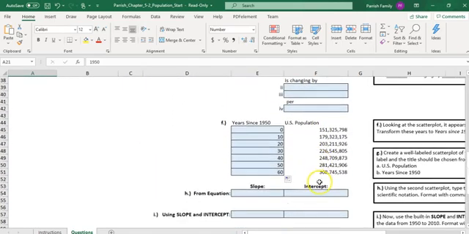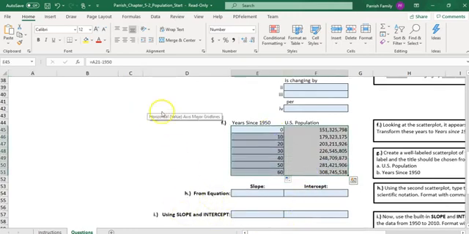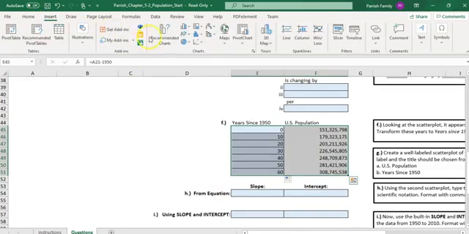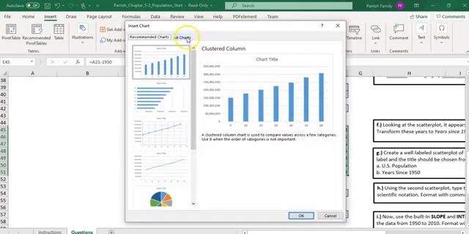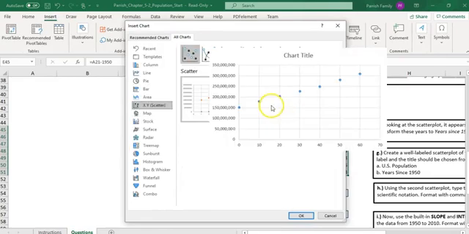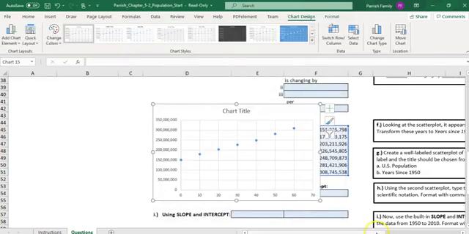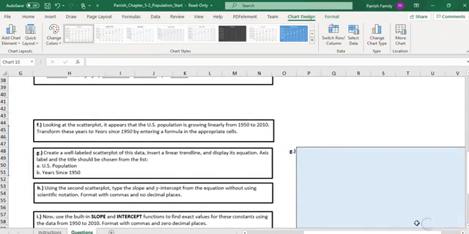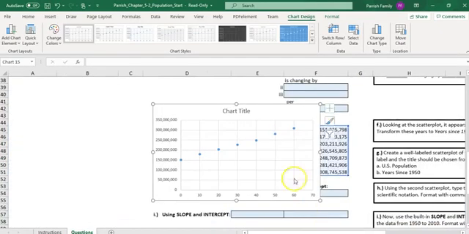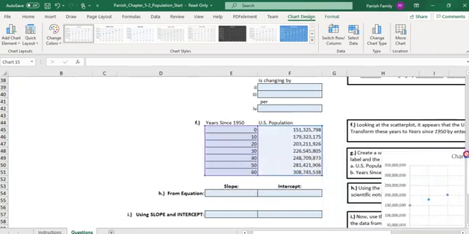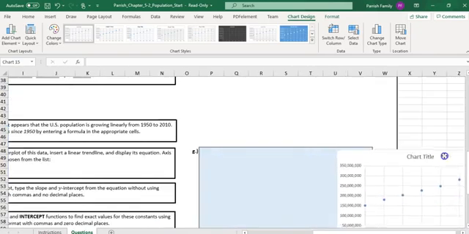And then we're going to do the exact same thing with these numbers. We're going to create a scatter plot again, so we're going to insert a scatter plot. But this time we're going to put the scatter plot way over here, sort of hidden out of view. So you've got to grab that scatter plot and drag it over here to your area.